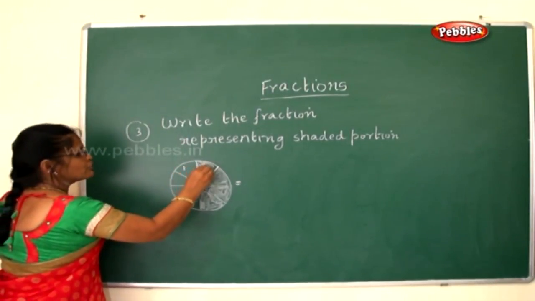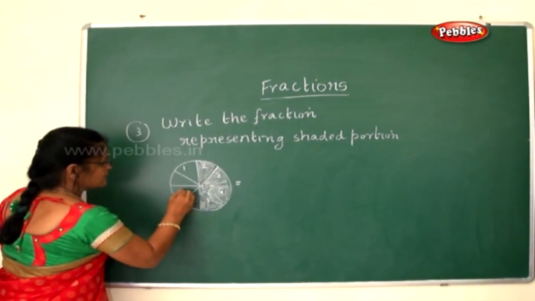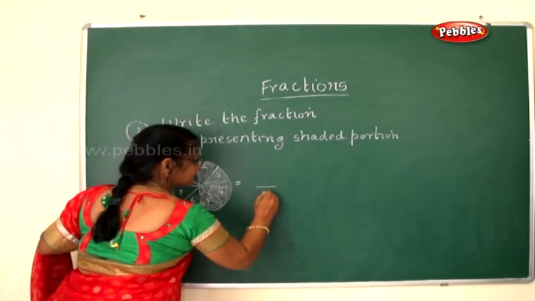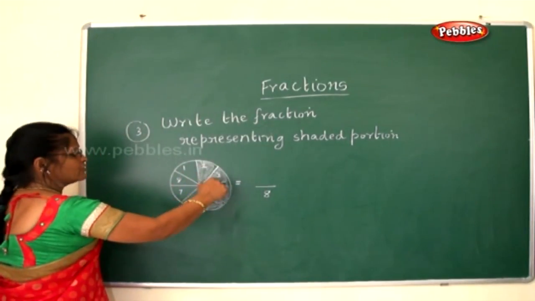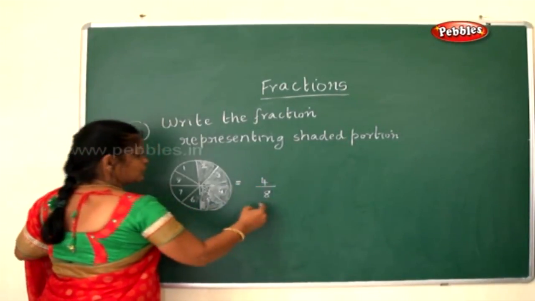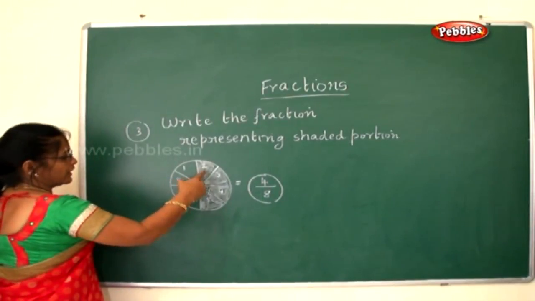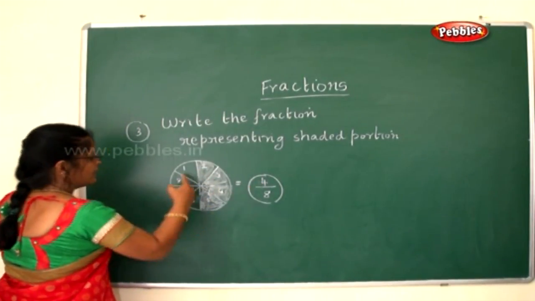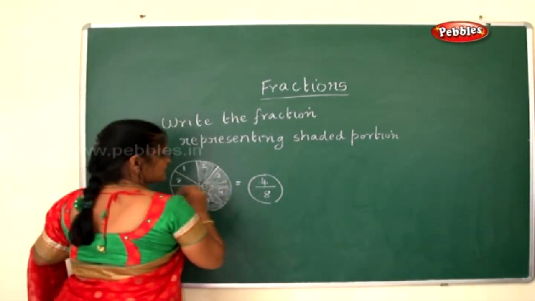See, 1, 2, 3, 4, 5, 6, 7 and 8. So there are 8 in all. 8 is the denominator. So how many are shaded? 1, 2, 3 and 4. So 4 by 8 is the answer for this. The shaded portion is 1, 2, 3 and 4. So 4 is shaded out of 8. So this is the answer for it.